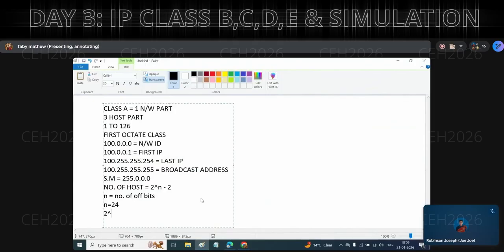That means 2 to the power 24 minus 2. If you calculate this, you will get the result. I am showing you what exactly the result is.